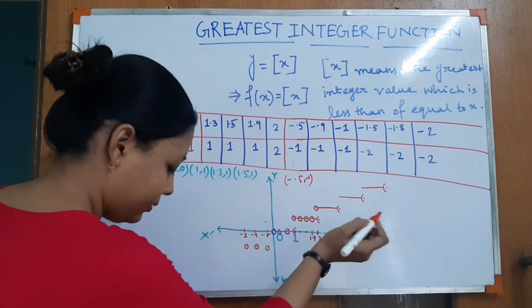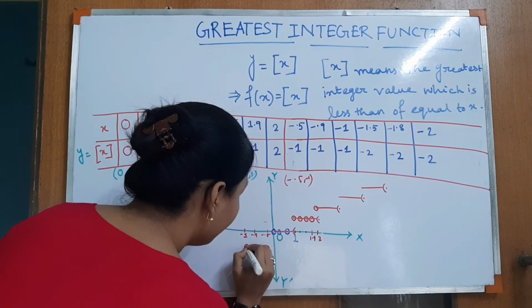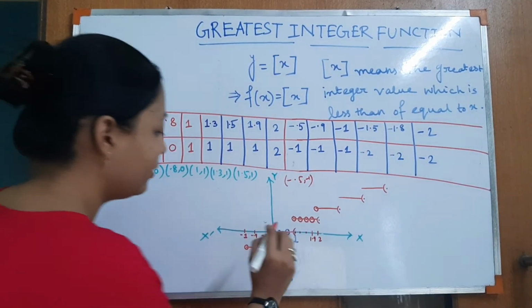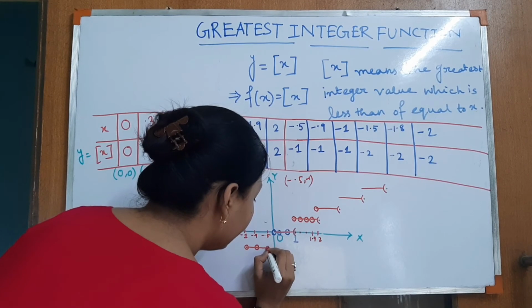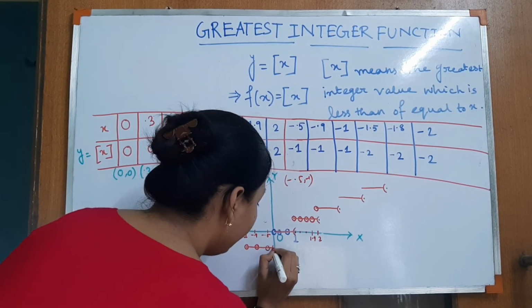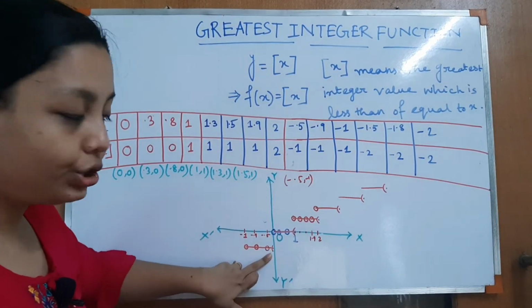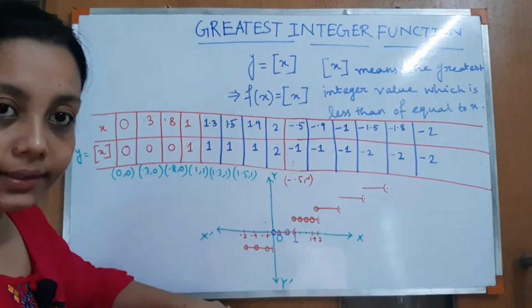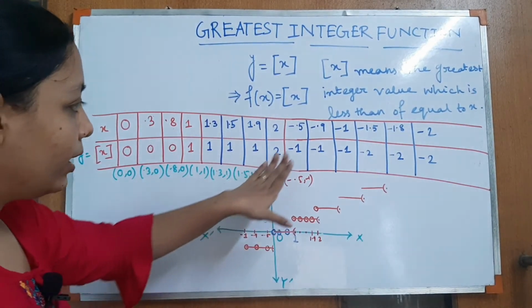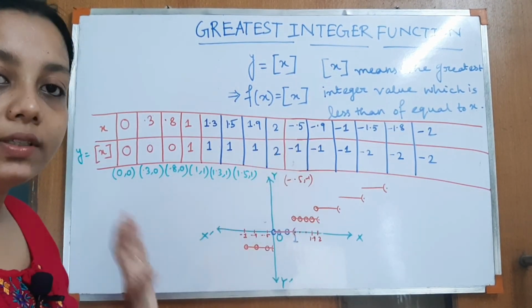So, here we find a line, but this line cannot contain this point, that is, it does not touch this negative y axis, since for minus 0.5 it does not contain the value 0 in it.